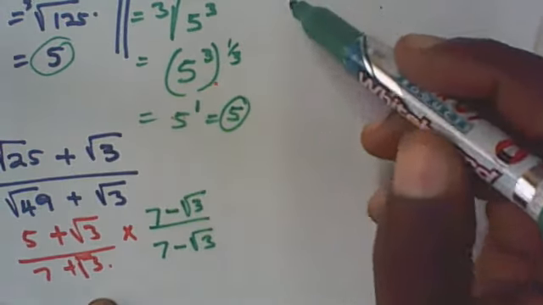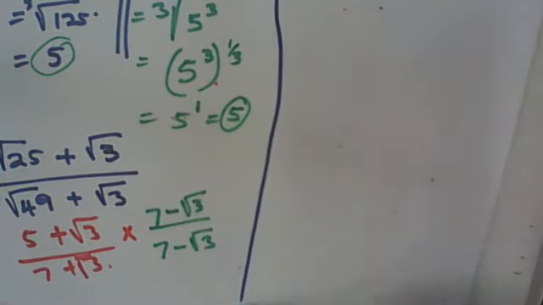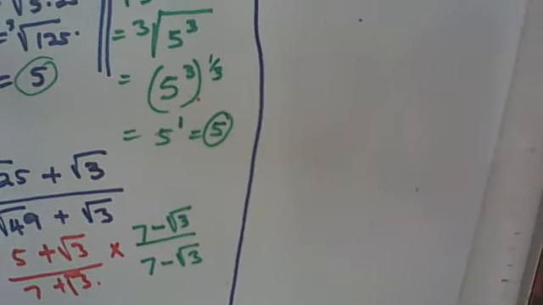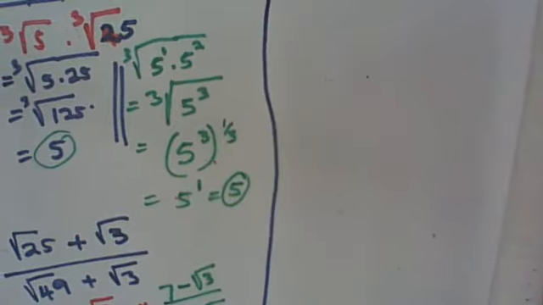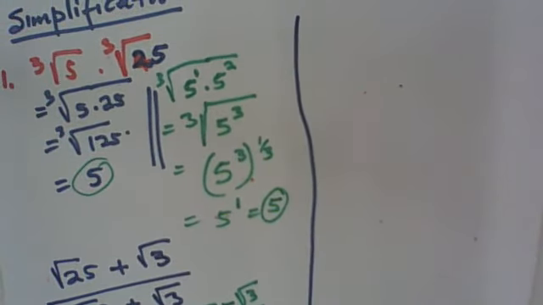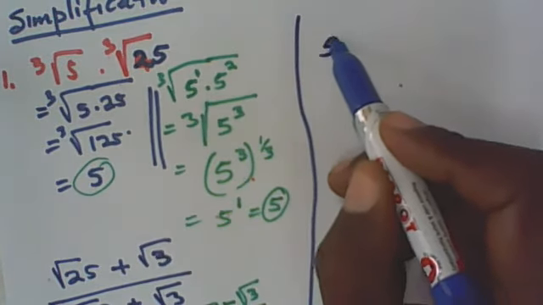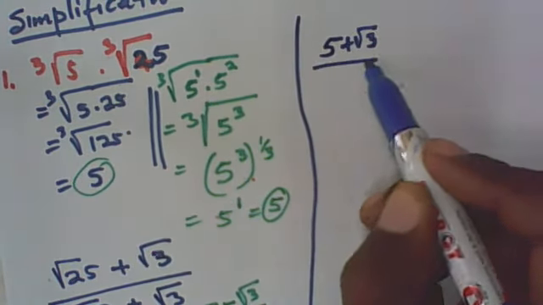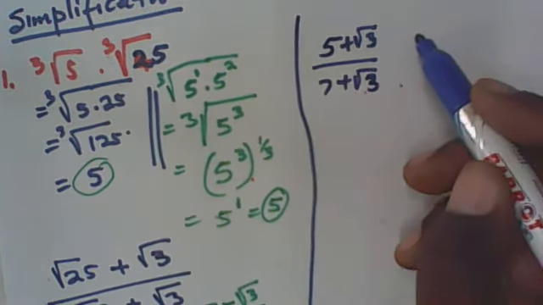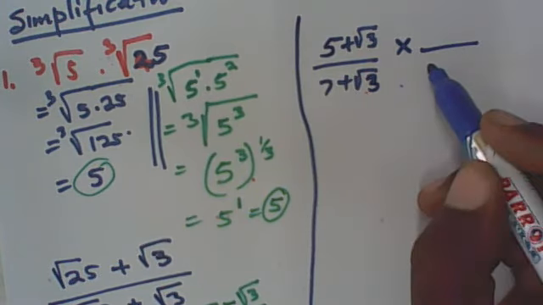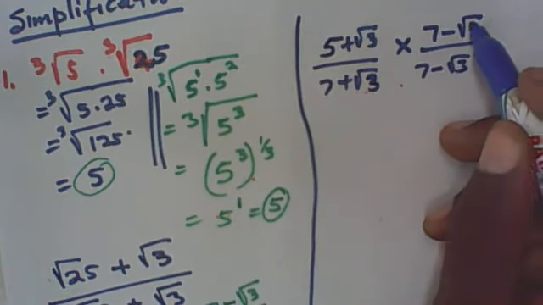And then, what's going to happen? I just want to write it this side. That will be 5 plus root 3 over 7 plus root 3 multiplied by 7 minus root 3 over 7 minus root 3.